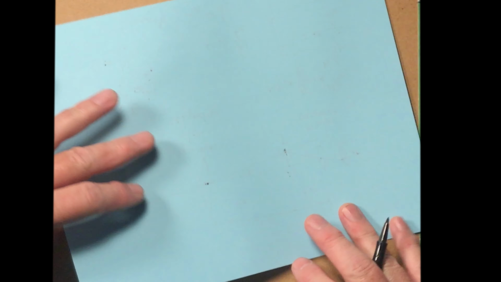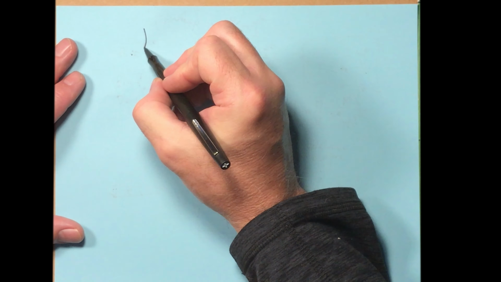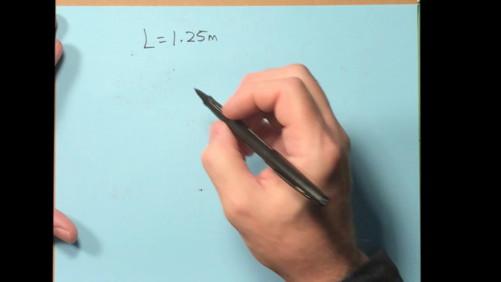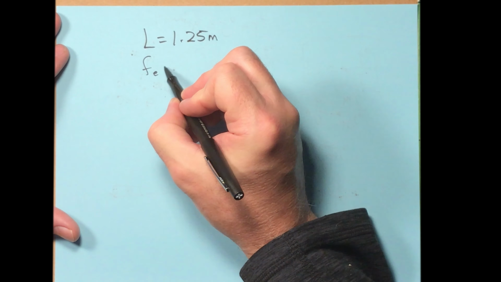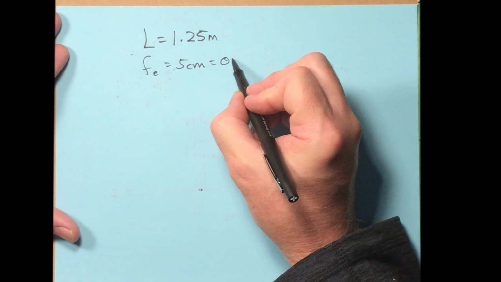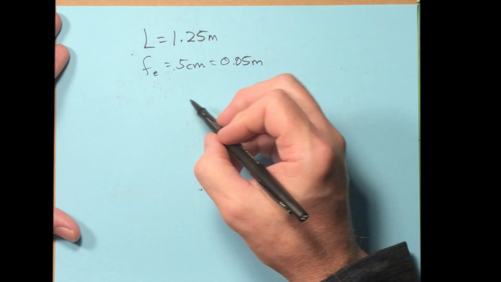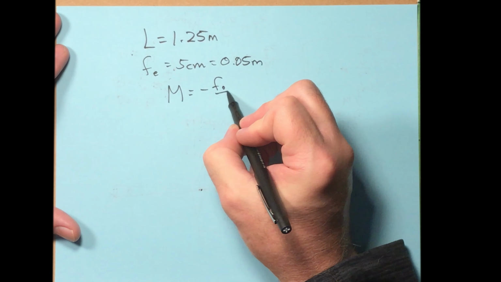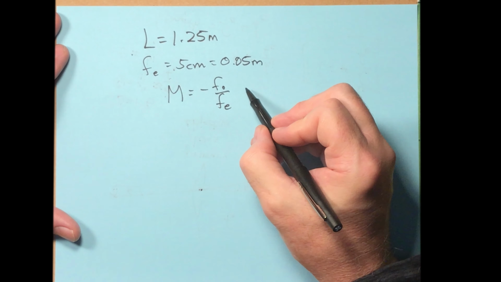So let's say I have a telescope that has a length of 1.25 meters. It's a long telescope. And the focal length of the eyepiece is 5 centimeters. That's 0.05 meters. Then the magnification is going to be minus the focal length of the objective divided by the focal length of the eyepiece.